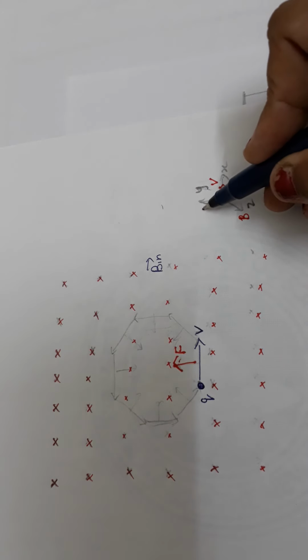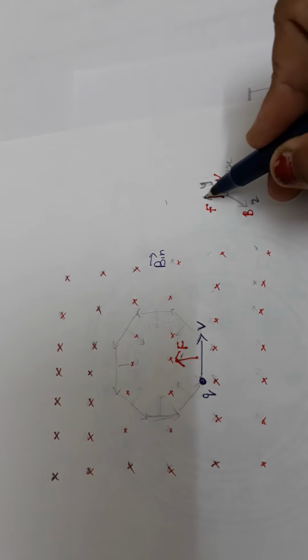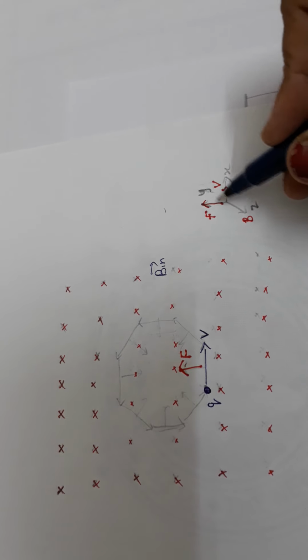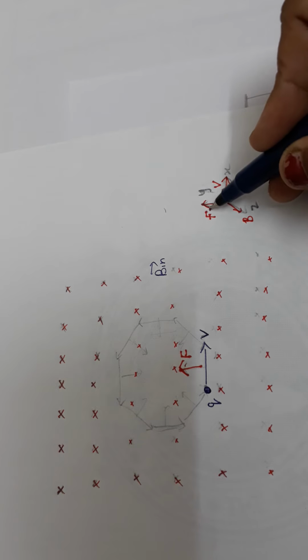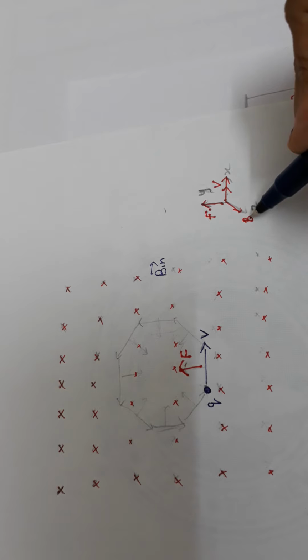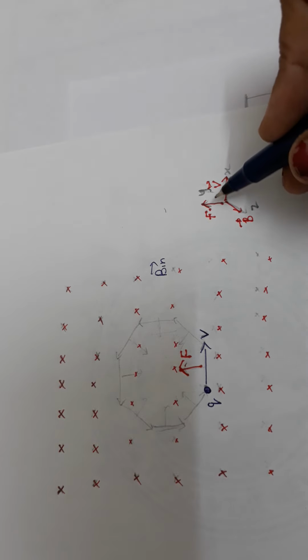So the charge will experience a force along the y axis. This Lorentz force acts perpendicular to both the magnetic field B vector and the V vector, right children?